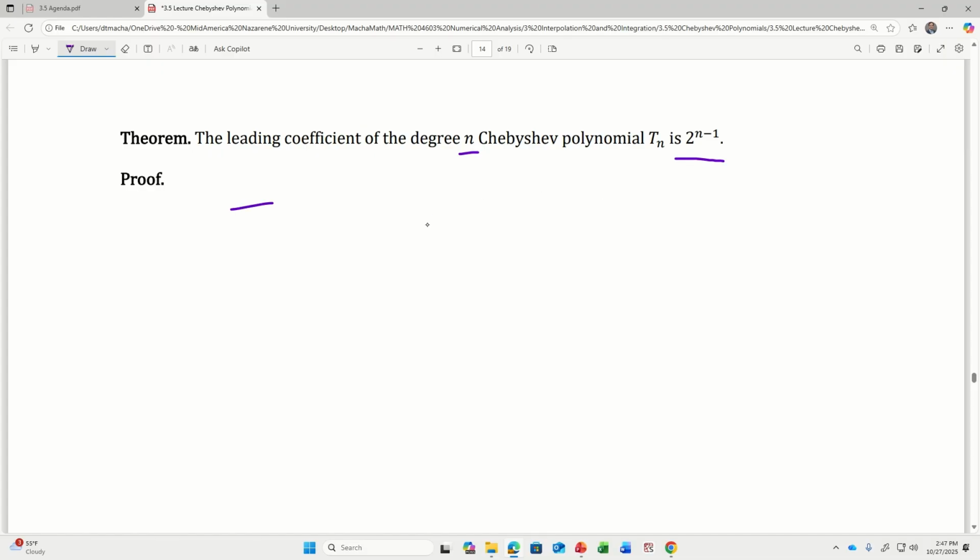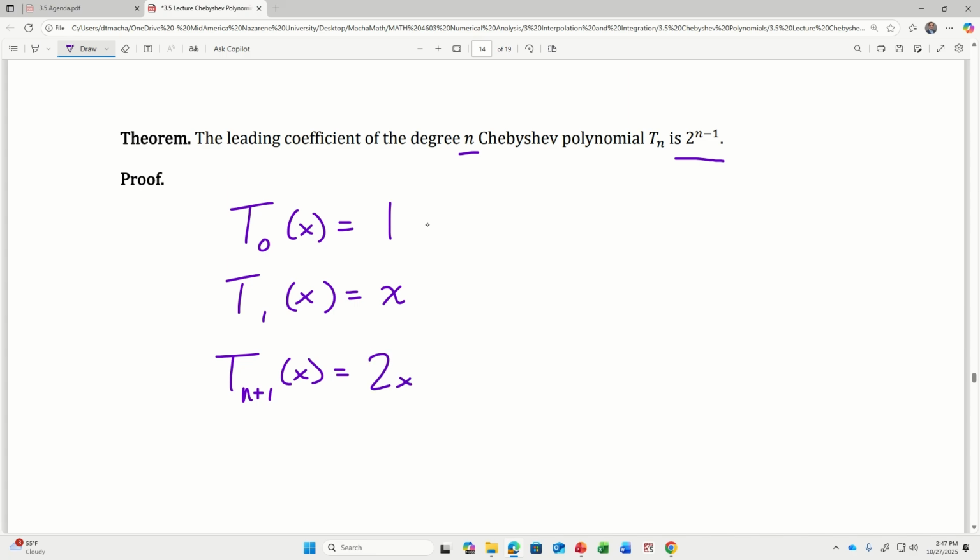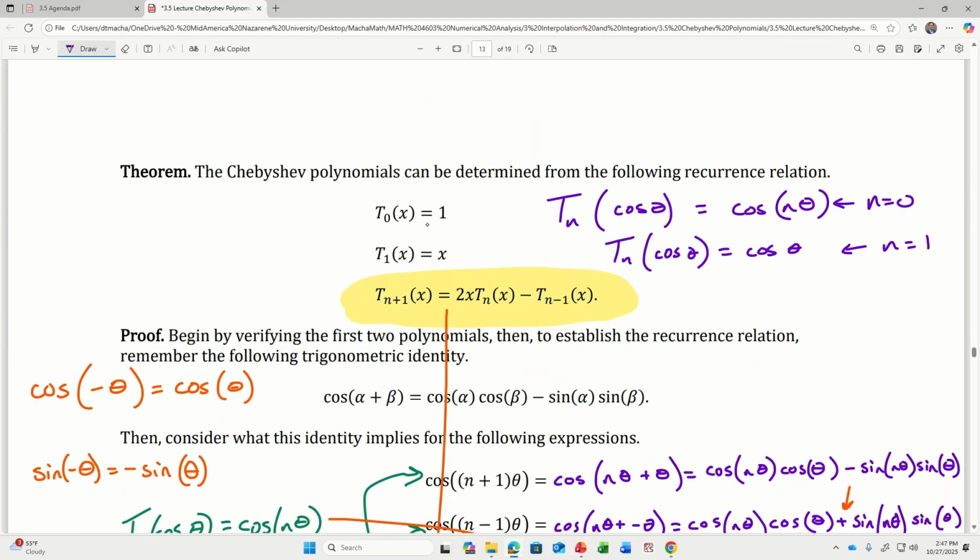And that's because the degree 0 polynomial is 1, the degree 1 polynomial is x, and the degree n plus 1 polynomial is 2x times the degree n polynomial minus the degree n minus 1 polynomial, right? Is that the recurrence relation? Yeah.